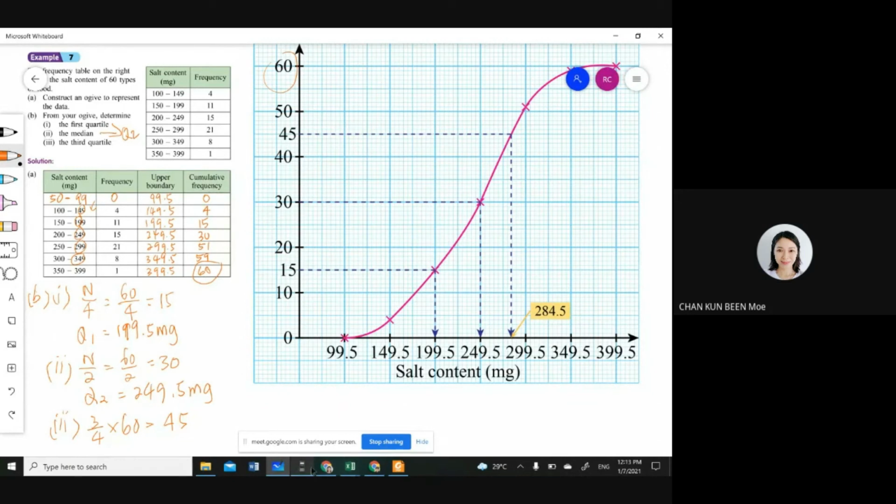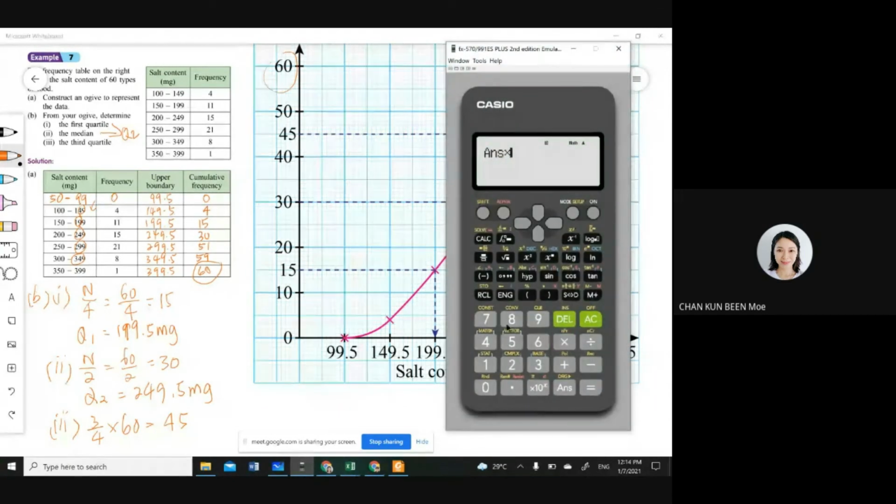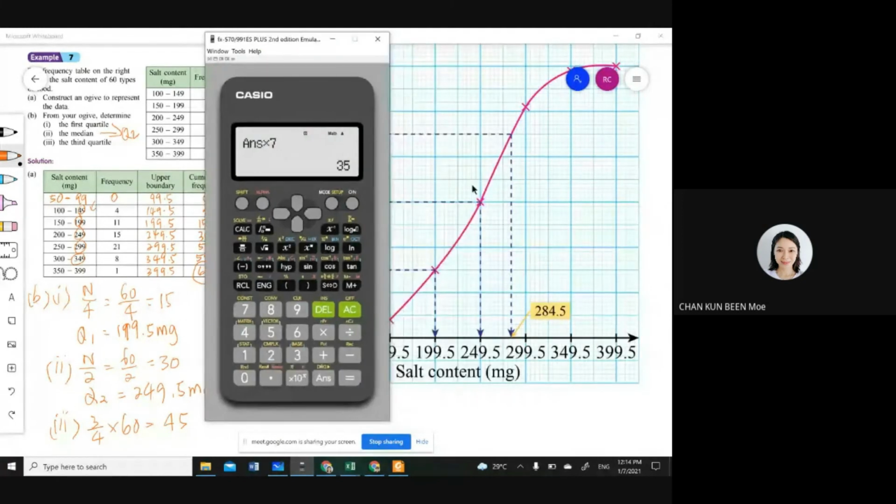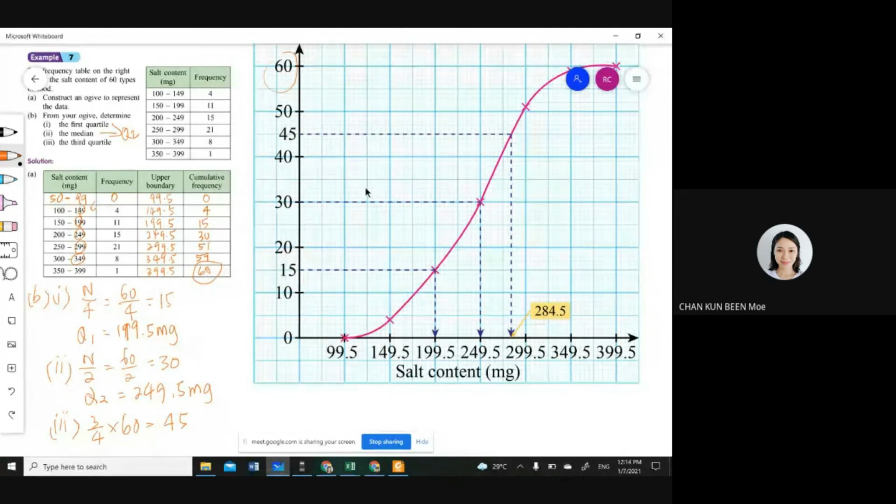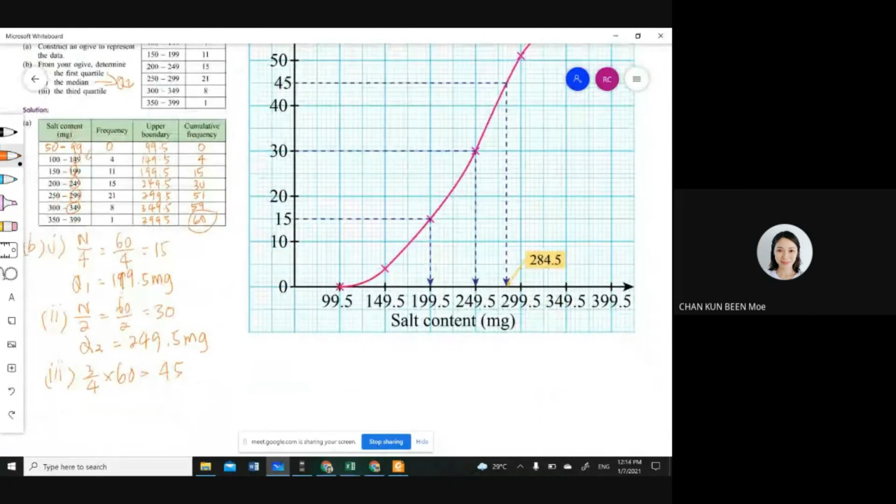So you can just use your calculator, 5 times 7. You get 35. After that, add on with 249.5 plus 35. That's how we get the answer of 284.5. So the third quartile, we have 284.5.